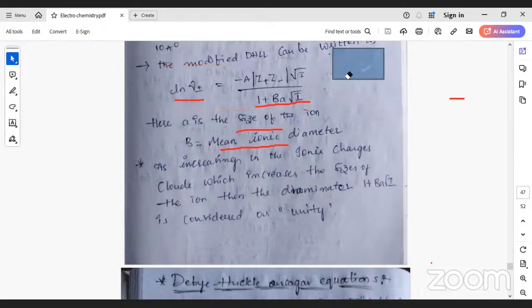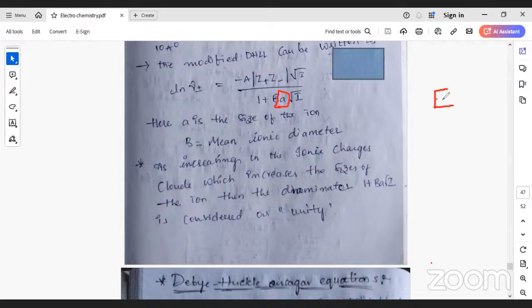Sir, how will we find the size of the ion in this equation? It is already given in the problem, theoretically, not practically. The size of the ions depends on which electrolyte solution we are utilizing.